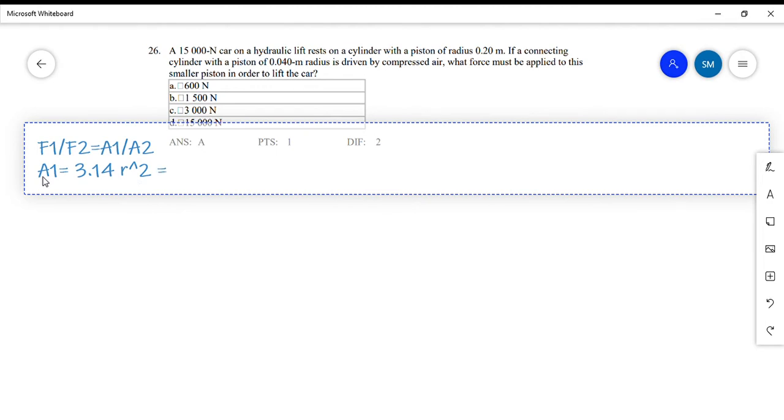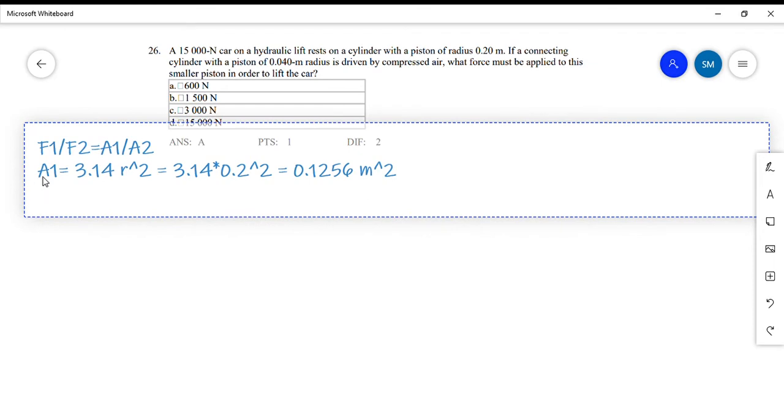The R1 is 0.2, so let us substitute in this rule, 3.14 times 0.2 power 2, which is simply equal to 0.1256 meter square. This is area 1.